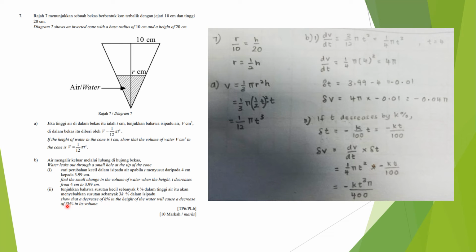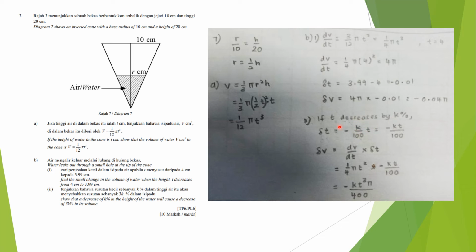Then for the second part, they asked to show that a decrease of K% in the height of the water will cause a decrease of 3K% in its volume. So if T, the height, decreases by K%, that means your delta T here is negative K percent, because it decreases.